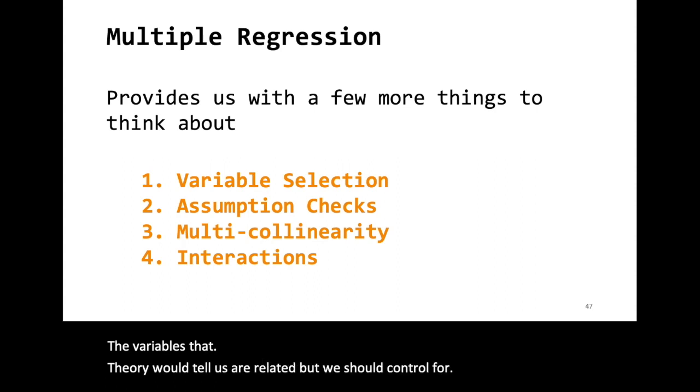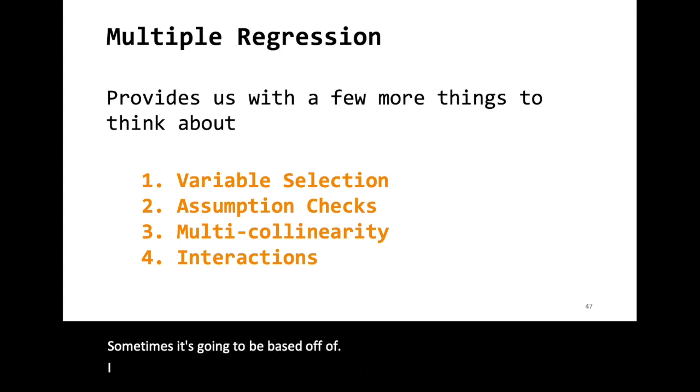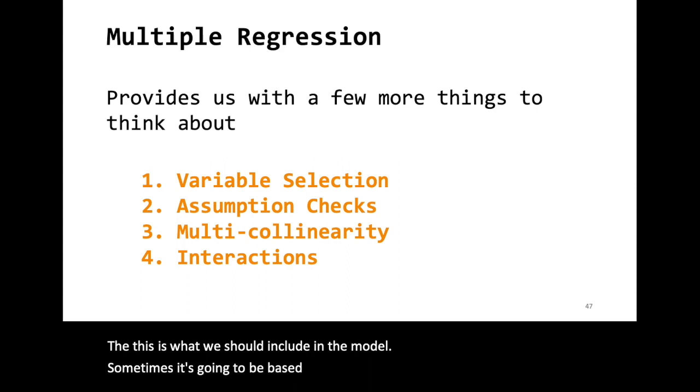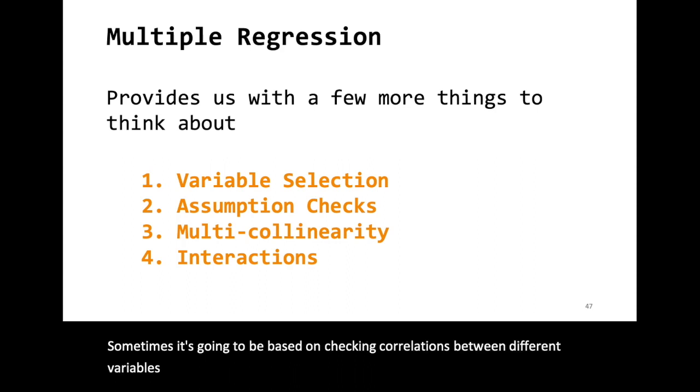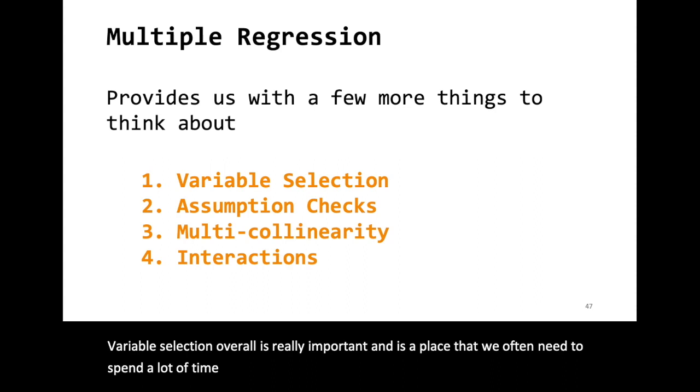Sometimes it's going to be based off of researcher intuition. We think this is what we should include in the model. Sometimes it's going to be based on checking correlations between different variables and seeing what are related to each other. Variable selection overall is really important and is a place that we often need to spend a lot of time thinking about when we're doing a regression model.